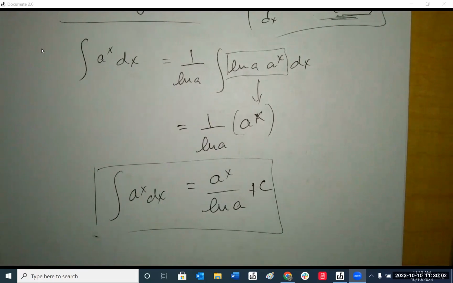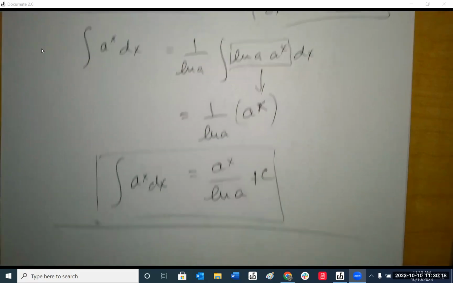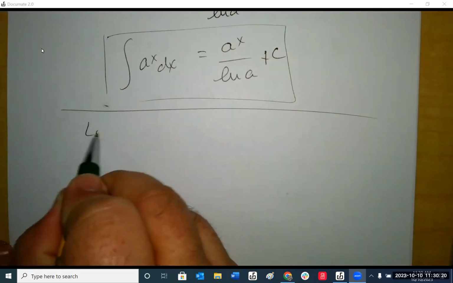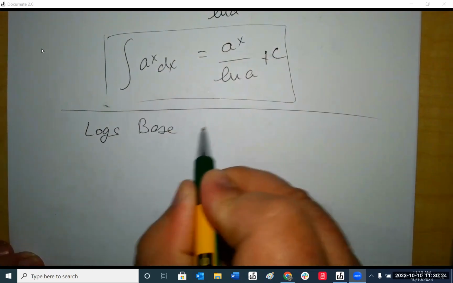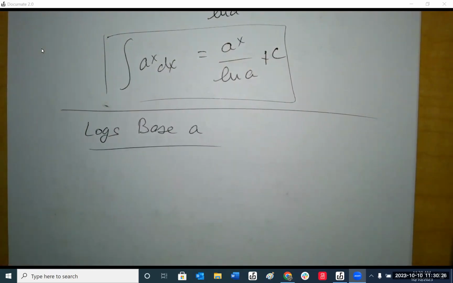Let's jump into this one. Oh no, we've got to first talk about logs base a. So far we talked about logarithms base e.